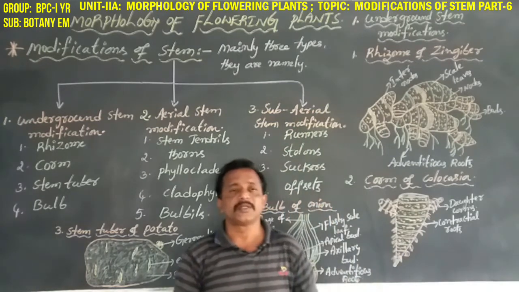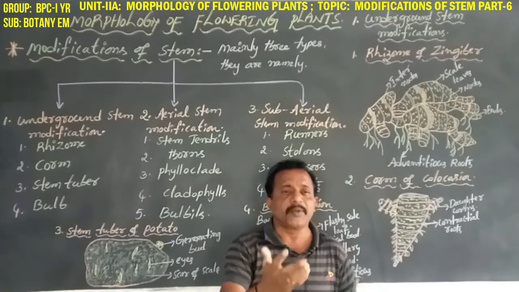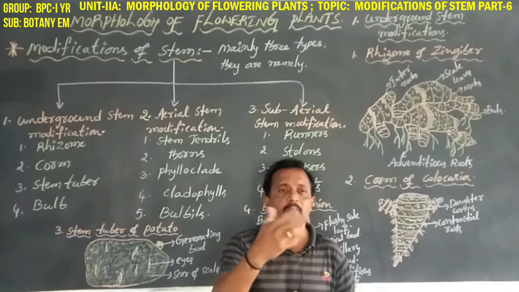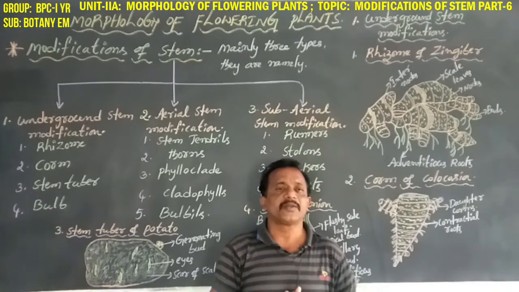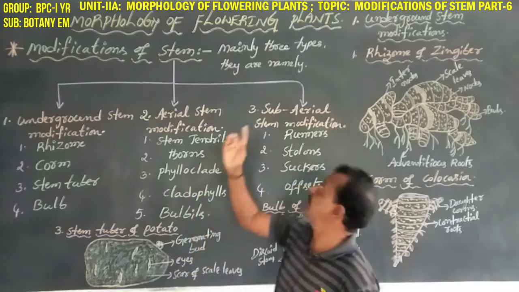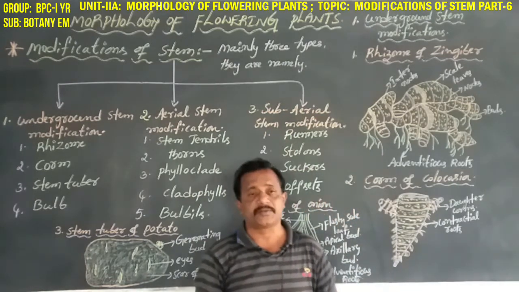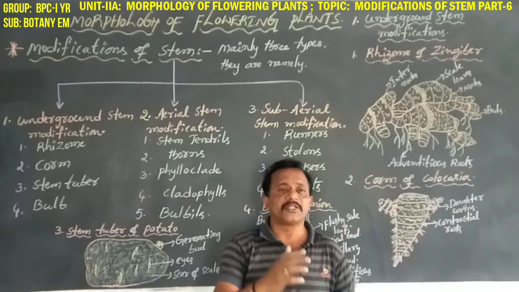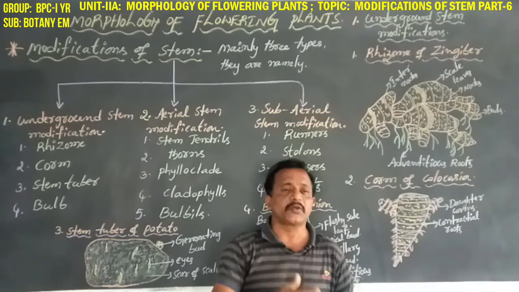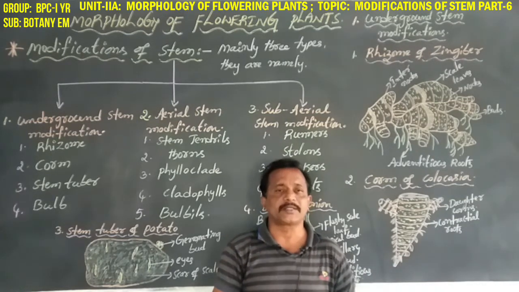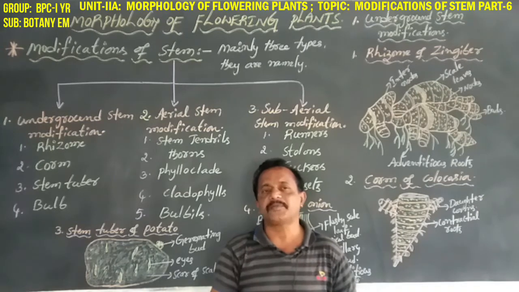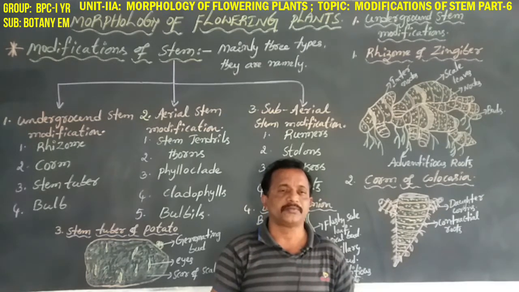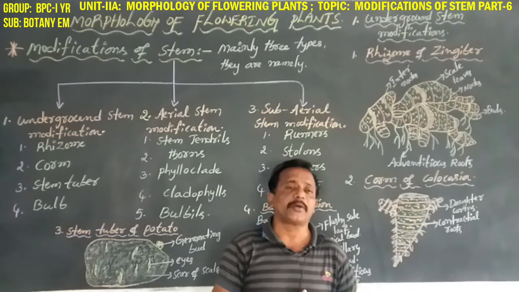Third, sub-aerial stem modifications. Generally the stem grows aerial, above the soil, but in some plants the stem remains partially aerial and partially underground for vegetative propagation.